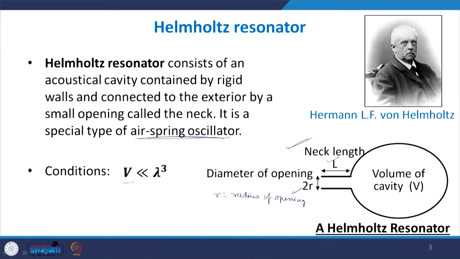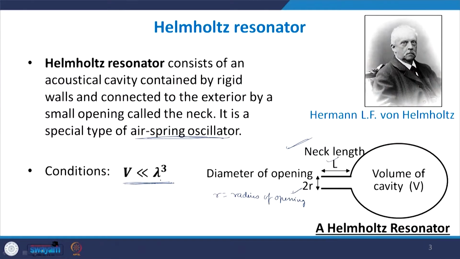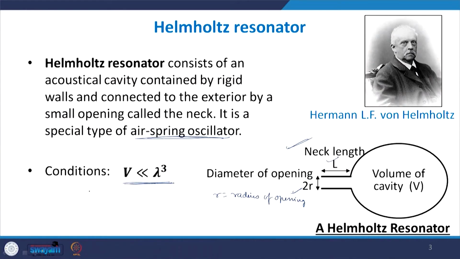So, the first condition before we begin to study such an absorber is that the dimension of the absorber has to be smaller than the target wavelength, the wavelength which we want to target. If it is a spherical cavity, then the volume is directly proportional to d cubed. So, the diameter of the spherical cavity has to be smaller than the wavelength.